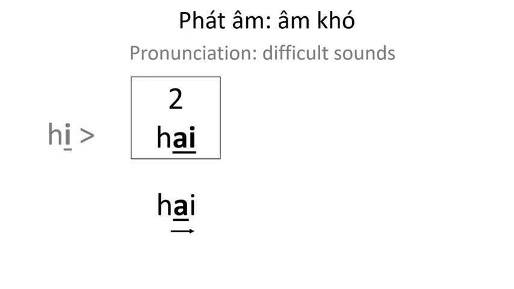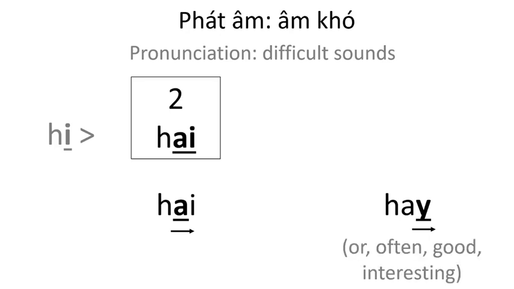But if the final vowel is a Y, as in hay, then it's a completely different word, which means or, often, good, or interesting. And this is a very common word in Vietnamese. These two words look similar, but they are pronounced differently.